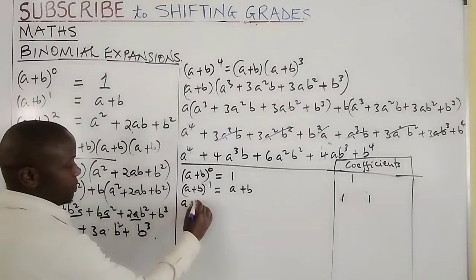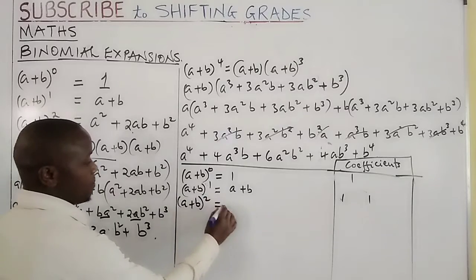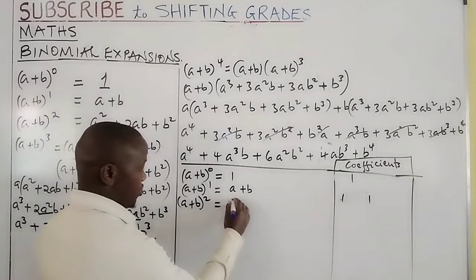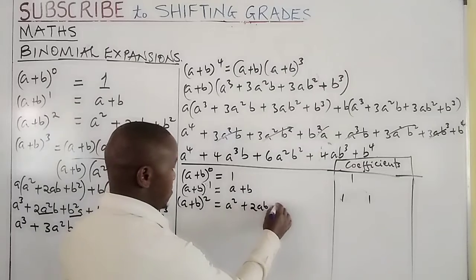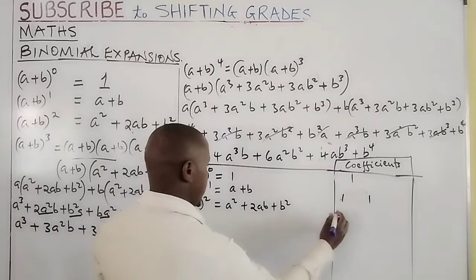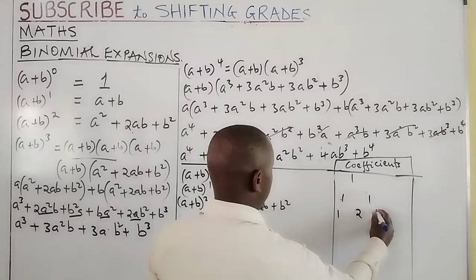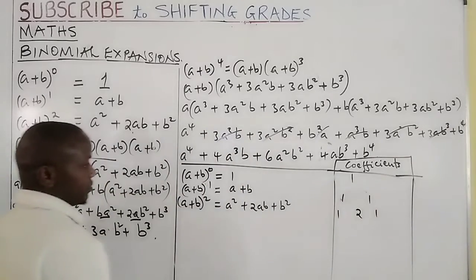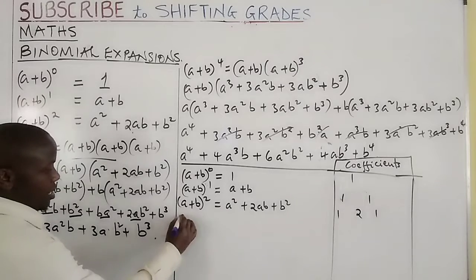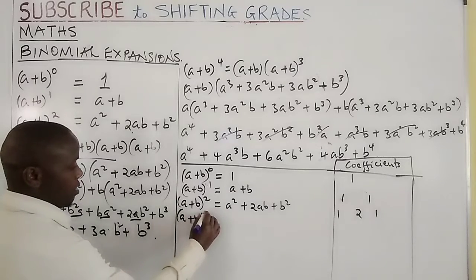A plus b raised to power 2. A squared plus 2ab plus b squared. So the coefficients are 1, 2, 1. A plus b power 3.